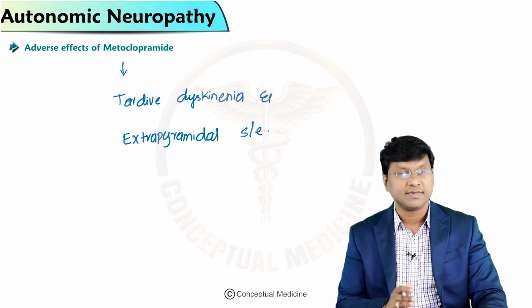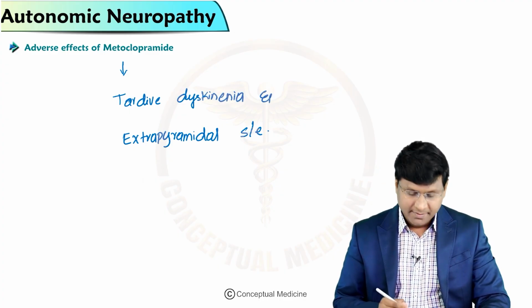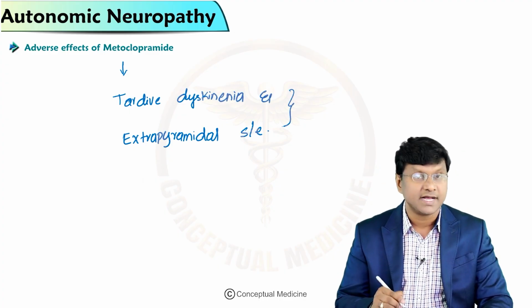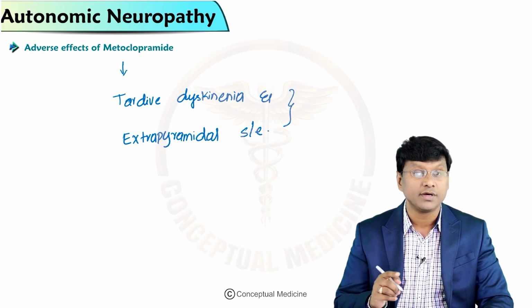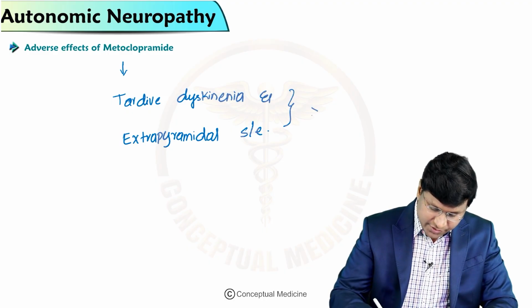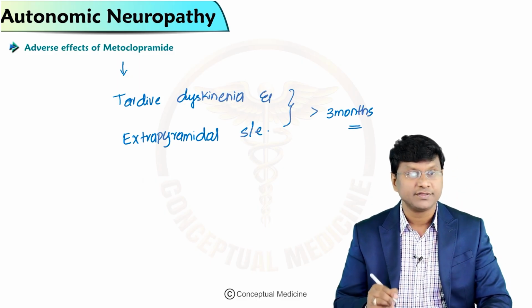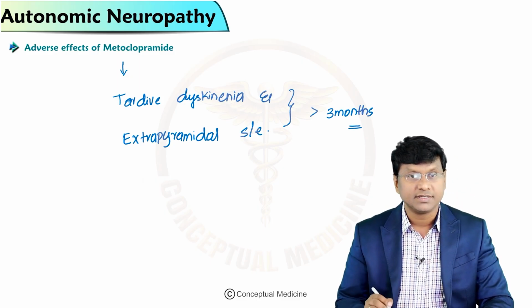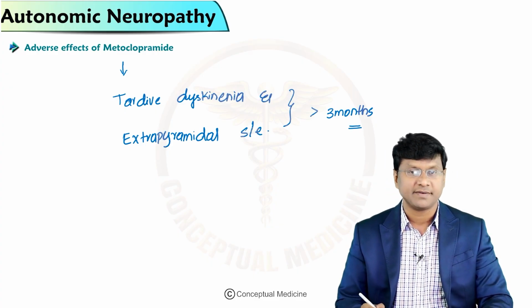So these are some other adverse effects associated with the metoclopramide, but these adverse effects are seen when the metoclopramide is used for longer duration. That means when it is used for more than 3 months, then tardive dyskinesia and the extrapyramidal side effects are being seen.